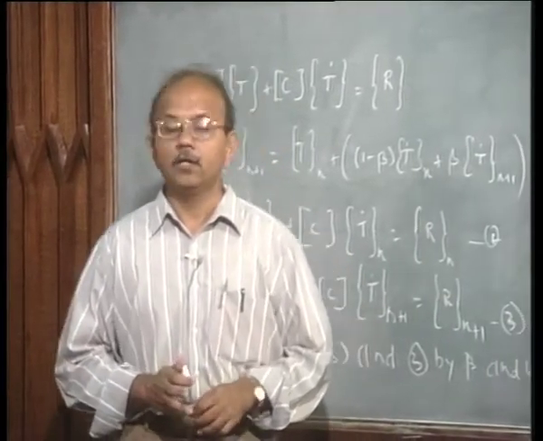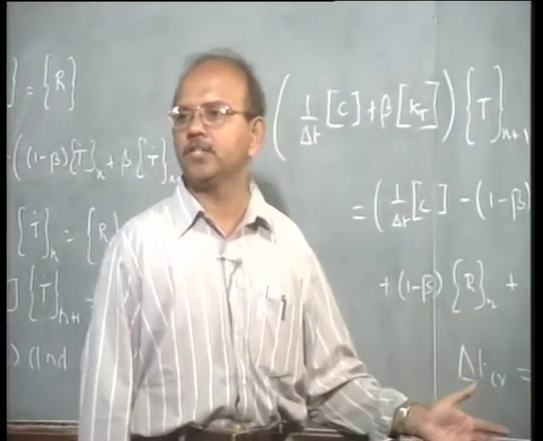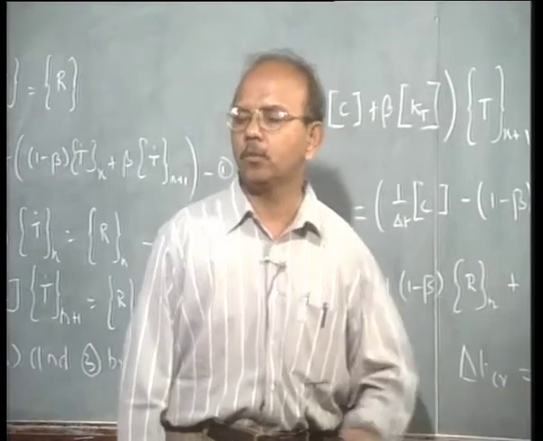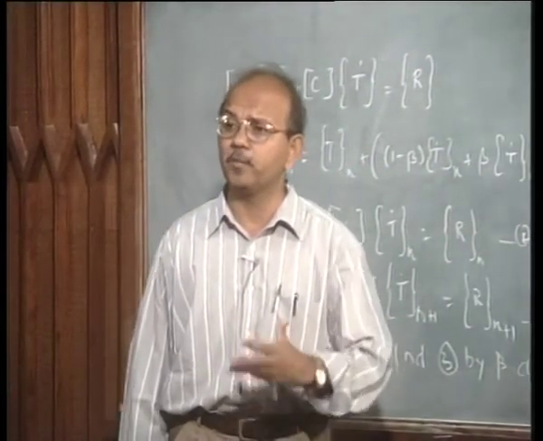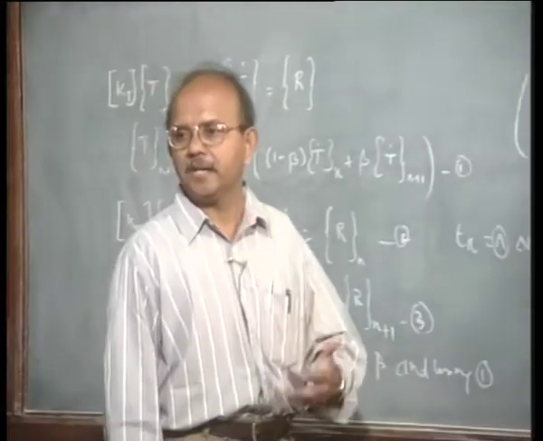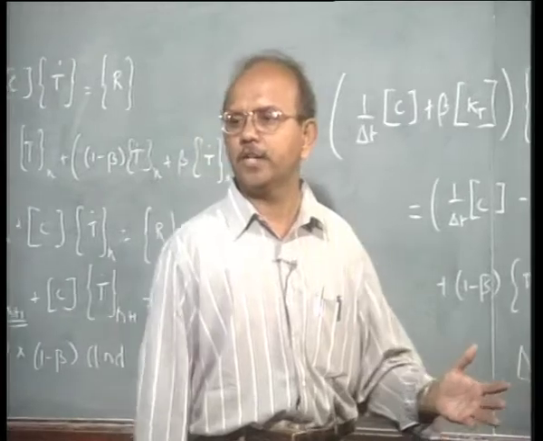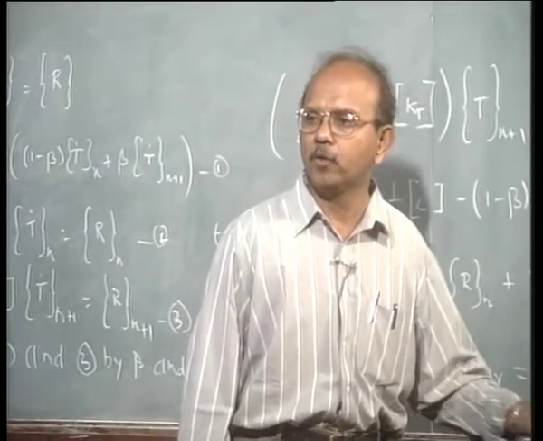Is that clear? Now, we had already talked about two things. One is the oscillation and the other is what we called stability. We said that the solution may become unstable for cases where beta is less than half, in which case you have to get a critical delta t and operate only below that delta t.